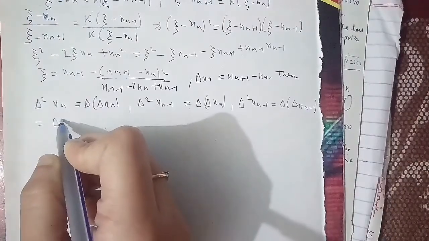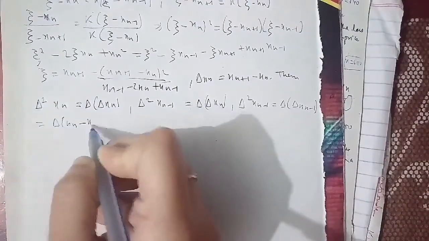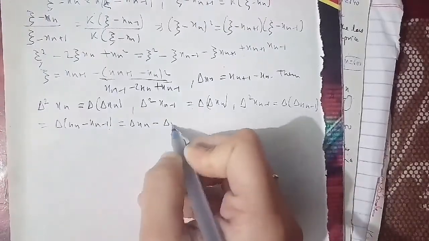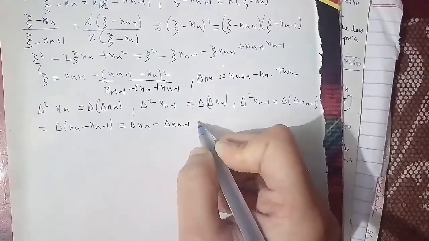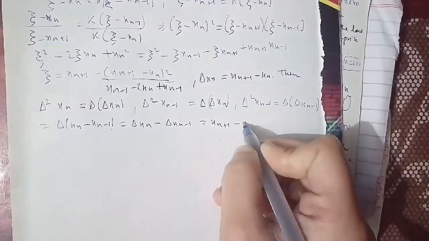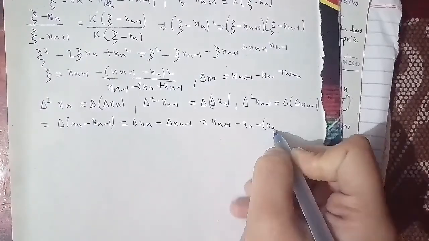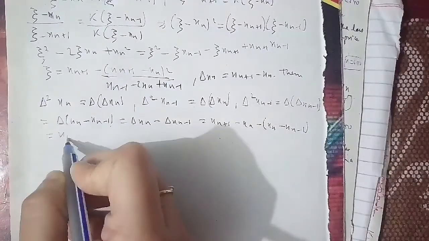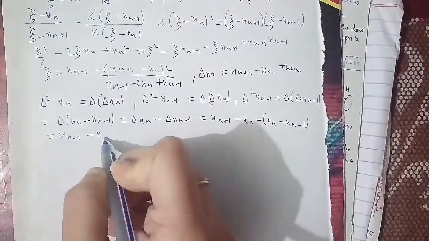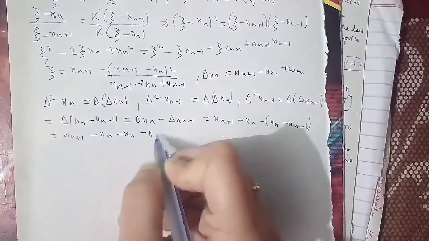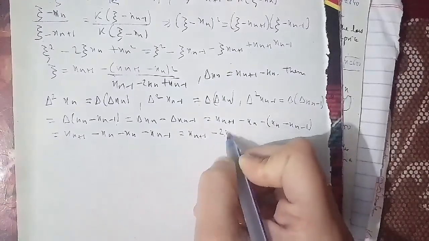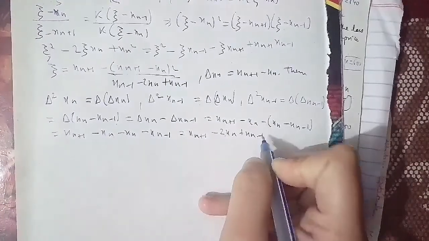So delta squared xn minus 1 equals delta xn minus delta xn minus 1, which equals xn plus 1 minus xn minus xn minus xn minus 1, which further equals xn plus 1 minus 2xn plus xn minus 1.